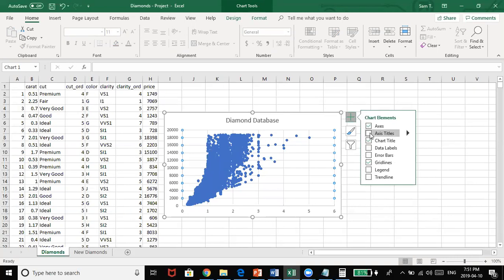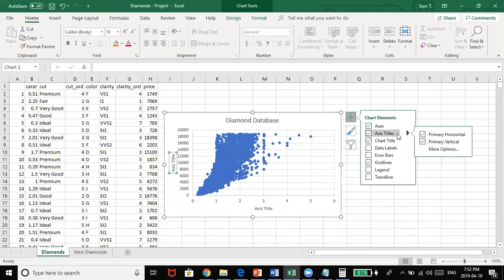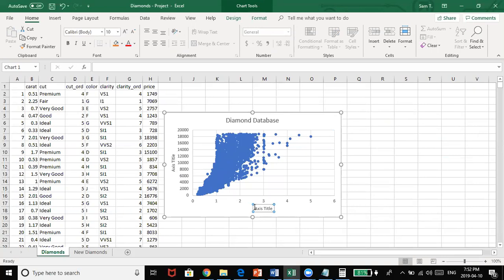So you need to add the axis titles, both X and Y. On the X-axis, we know it's the weight, which is carat, and on the Y-axis, we know it is the price variable. That's right there.